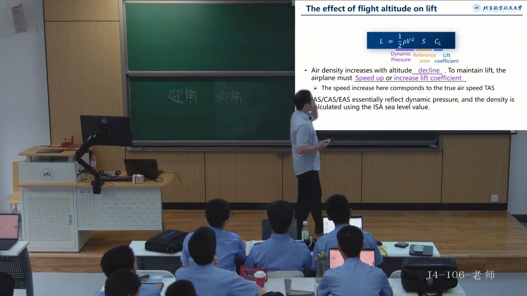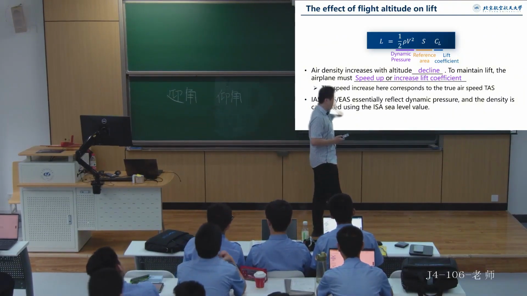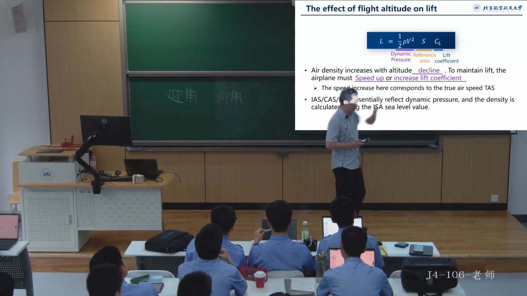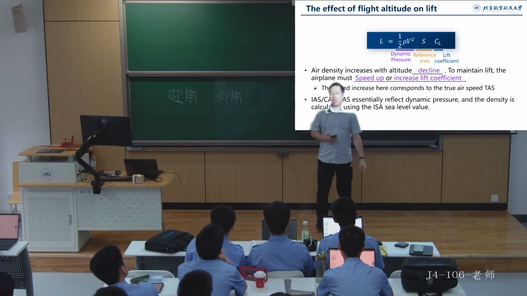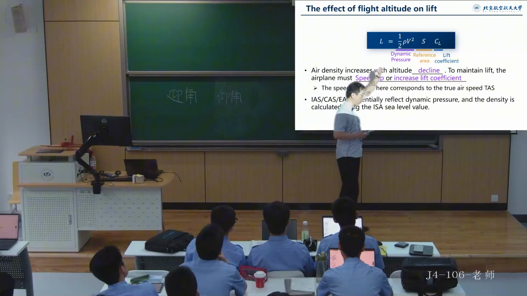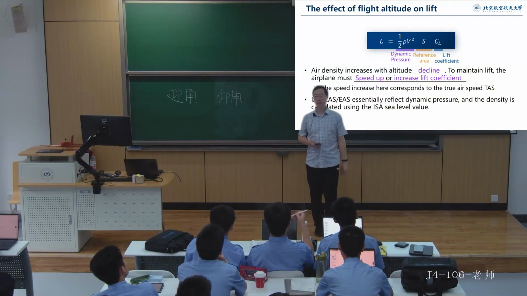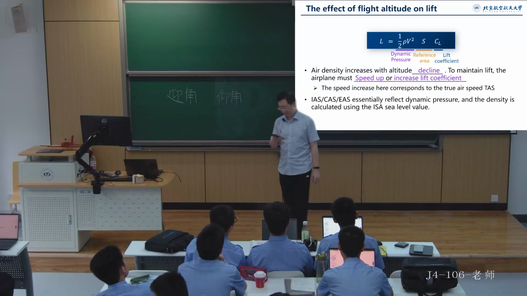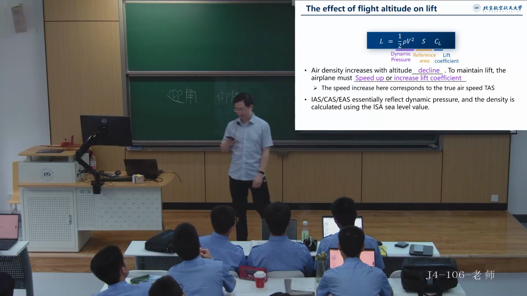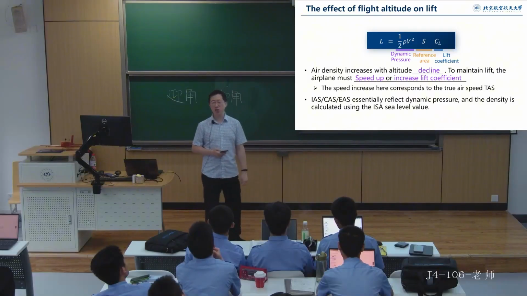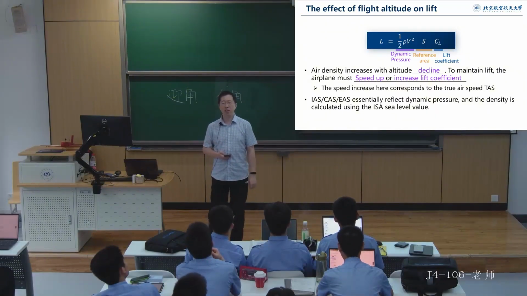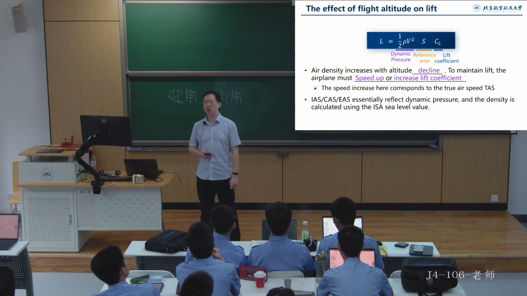At this time, I am controlling the aircraft to climb. I keep the reading on the airspeed indicator unchanged. And at the same time, I do not want to operate, keeping the lift coefficient unchanged. Then at this time, how should the indicated airspeed be for the aircraft?